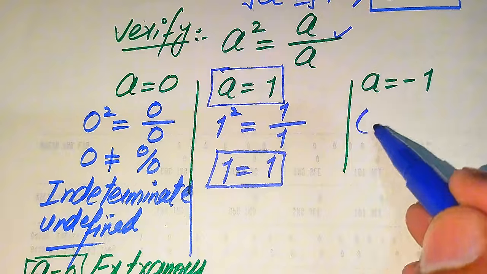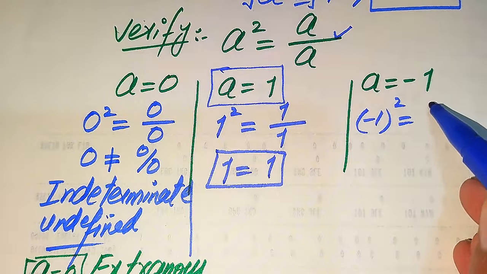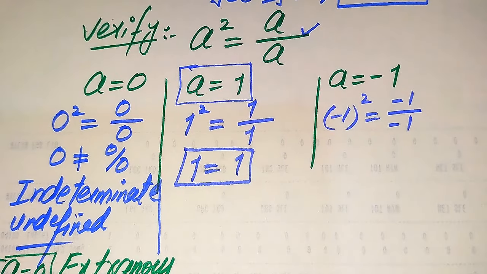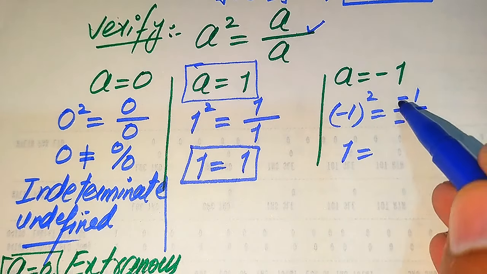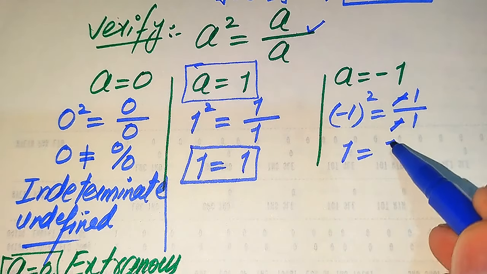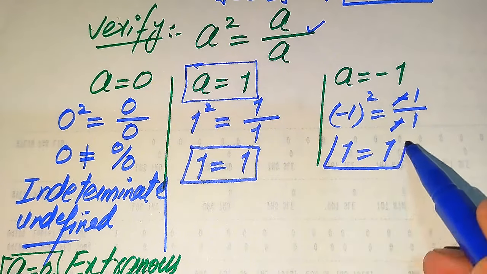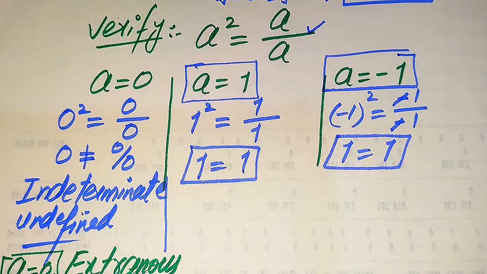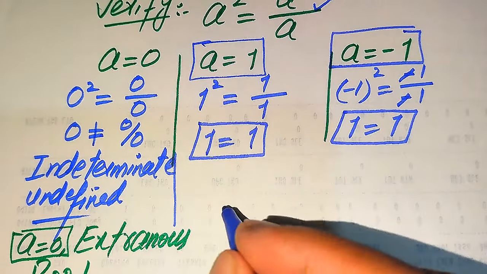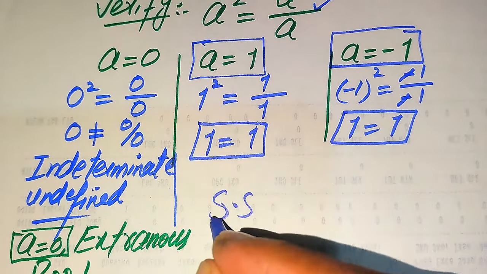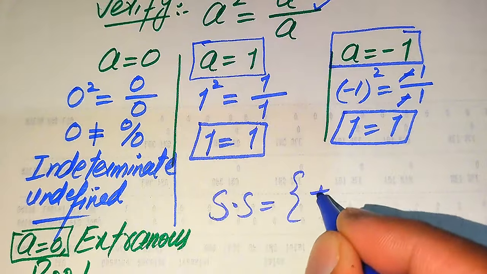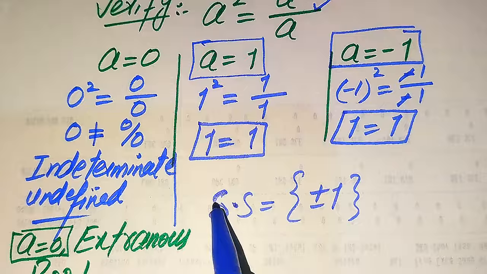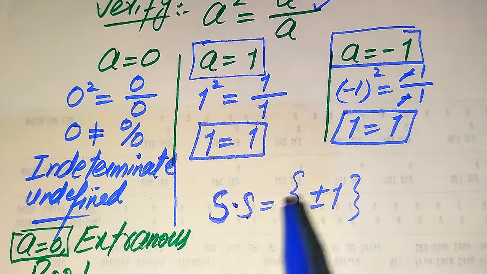So when you put it here, it becomes minus 1 square equals minus 1 divided by minus 1, and we know that minus 1 square equals plus 1, and this minus is cancelled out by this minus, and we get plus 1. So this shows that the value a equals minus 1 also satisfies our given equation. So the solution set of the given equation is plus minus 1. This is the final answer which we get here from the first method.